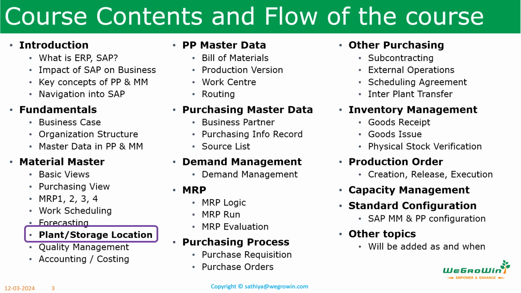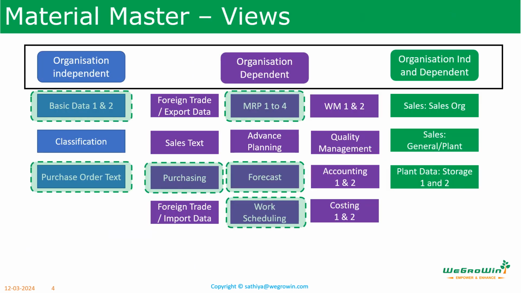We continue the course with a discussion on the plant data storage location views. We already discussed basic data 1 and basic data 2 under the purchase order text, which are organization independent. Then we created purchasing view, which is plant specific. After this, we created 4 MRP views, which are plant specific and storage location specific.